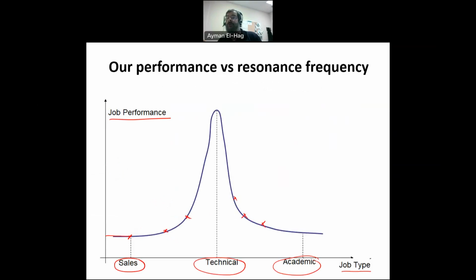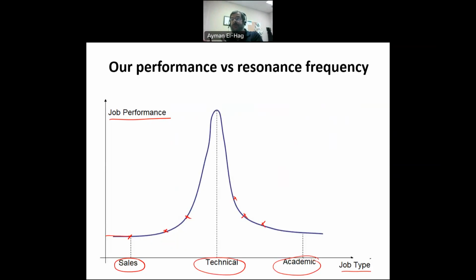So what you should do, if, for example, you are at a university like ours, the University of Waterloo, where we have a co-op system, is try different jobs, try different things, and see yourself, because the only way to find your resonance frequency is to try. You have to do the frequency sweep. You have to try different jobs and watch yourself. Which one is best for you? Am I a person that should do technical, maybe non-technical, or should I go to academia?